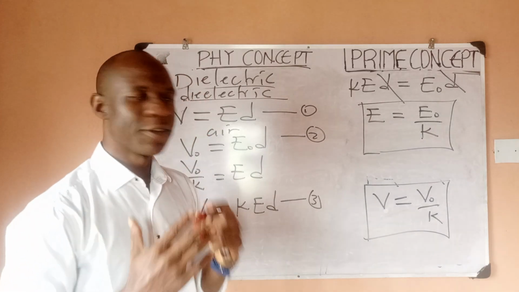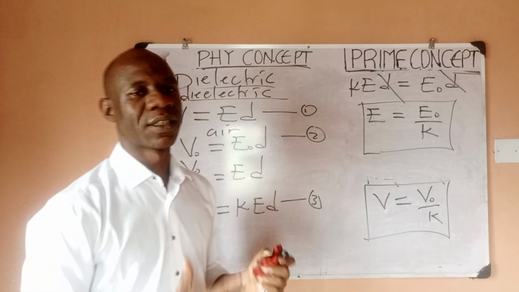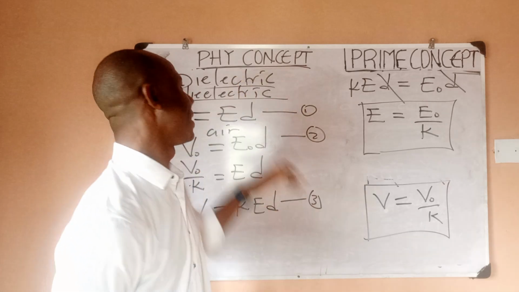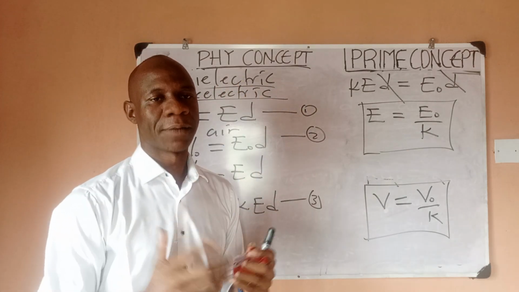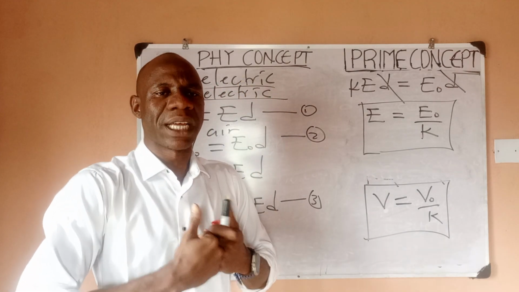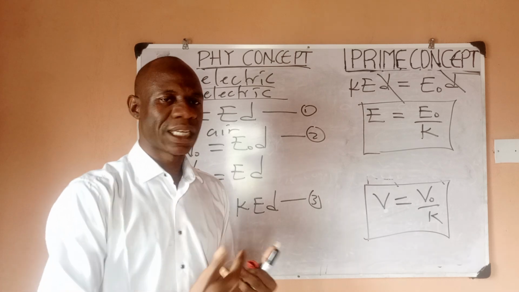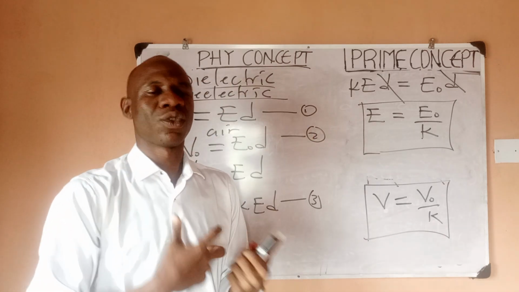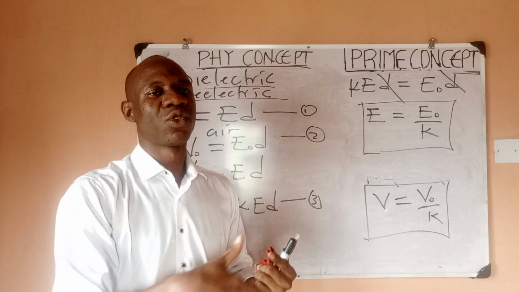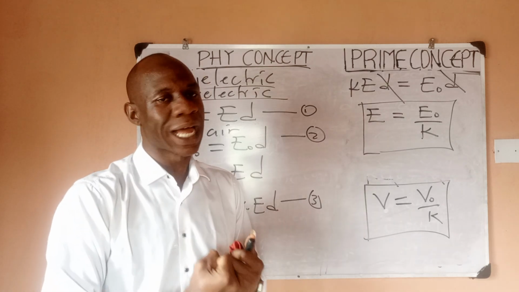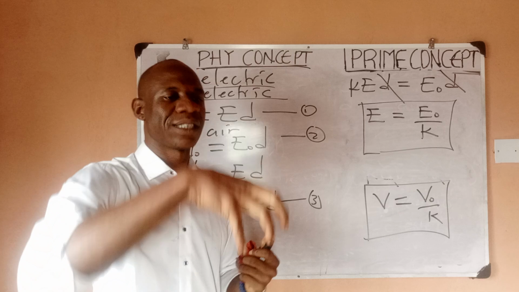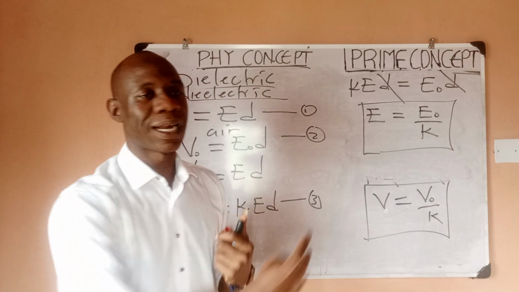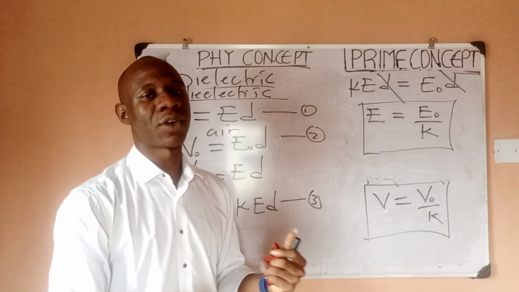Now, if we have an arrangement of a parallel plate capacitor that is insulated by a dielectric material, at a certain potential, when the voltage across the parallel plate keeps increasing, you get to a point where the electric field between the plates becomes so large that the insulating material becomes ionized, and then it begins to allow electric fields to travel across it.